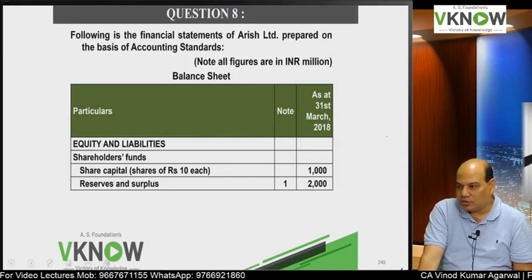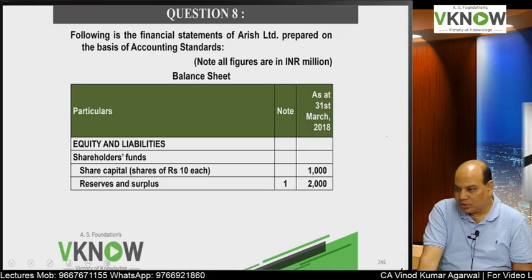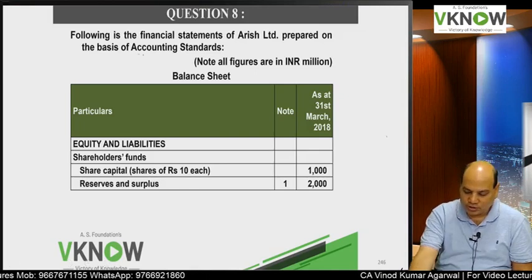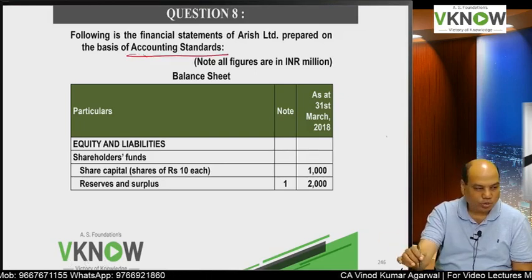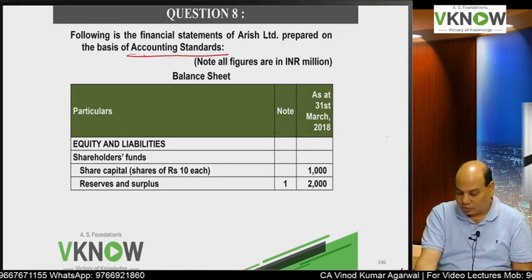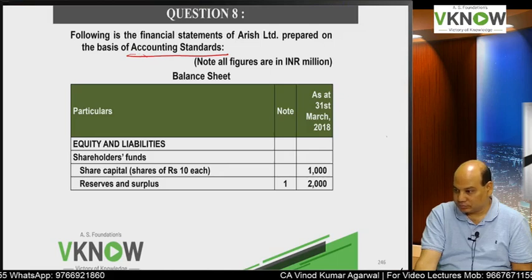Following is the balance sheet or financial statement of Arish Limited, prepared on the basis of accounting standard. So this balance sheet is as per old format, which is not wrong if the company is following accounting standard. All figures are INR in million.